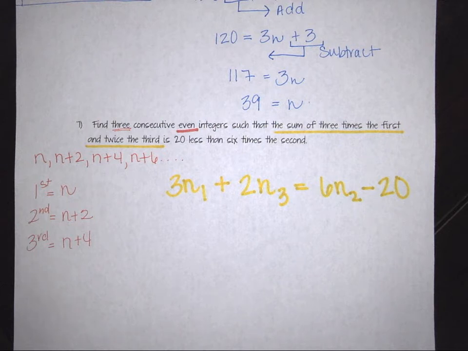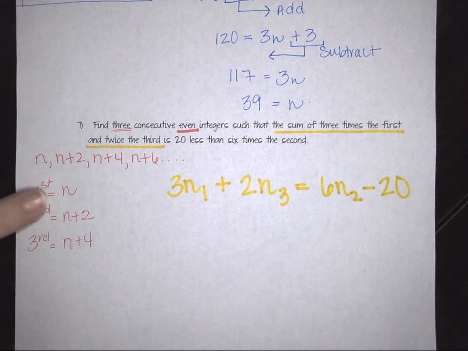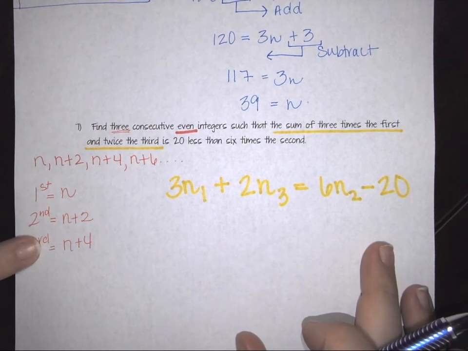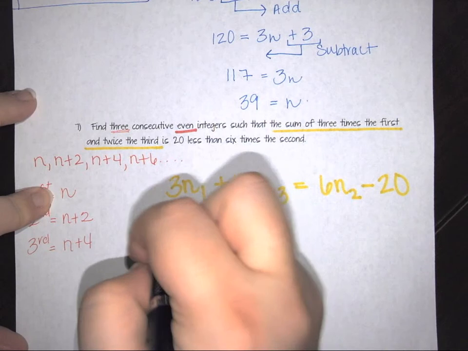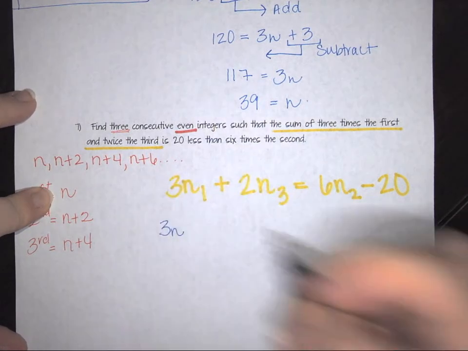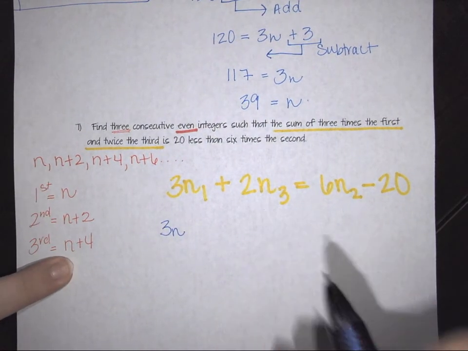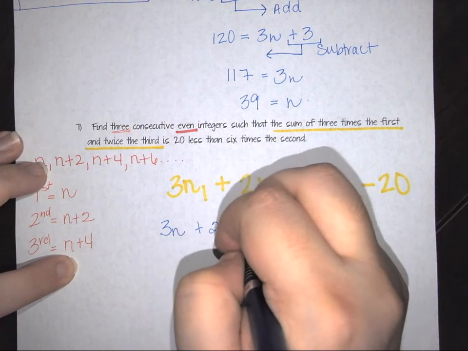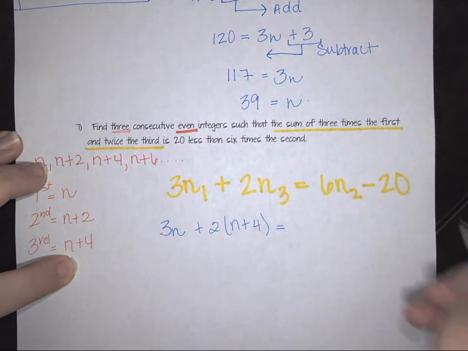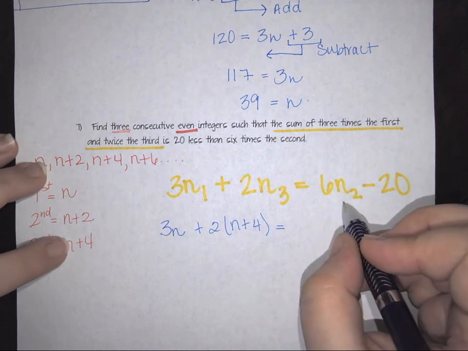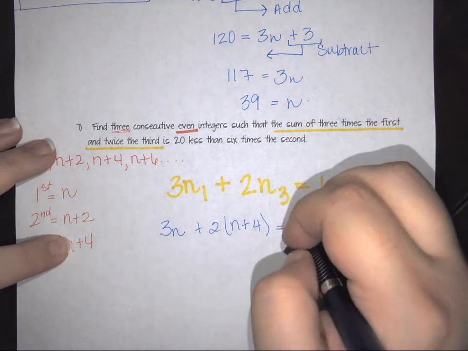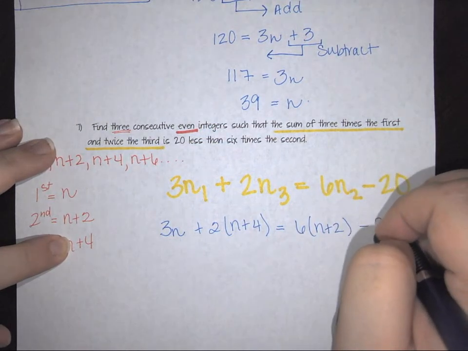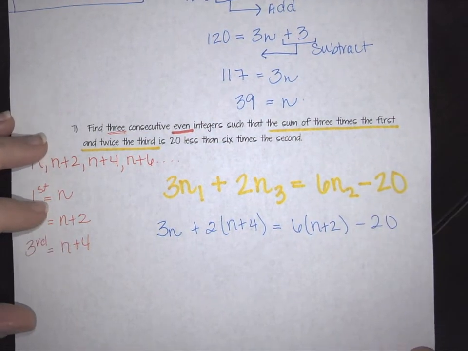So here, we have to replace the n1, n2, and n3 with what we know. We know the first is n, so this becomes 3n. We know my third was n plus 4, so this becomes plus 2 times the quantity n plus 4, is equal to 6 times the second, so this becomes 6 times the quantity n plus 2, minus 20.